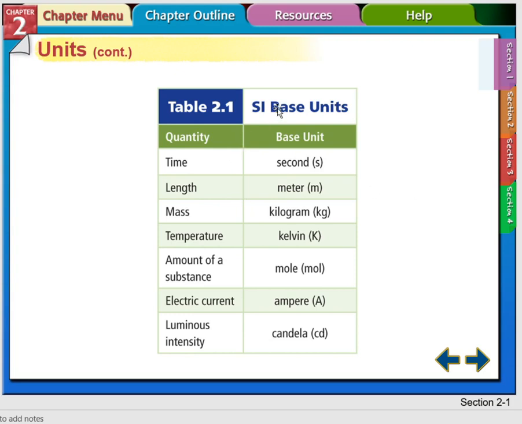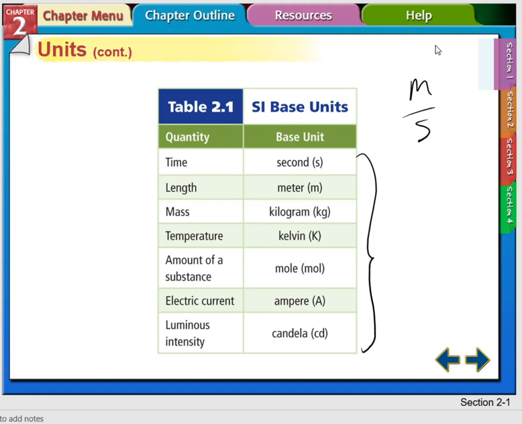So what's the difference between a base and a derived? We'll just look at this quickly. These are the base units. Derived units use these to come up with other units. For instance, how fast something is going, whether it's a baseball pitch or driving in your car. We use miles per hour, but in these units it would be meters per second.